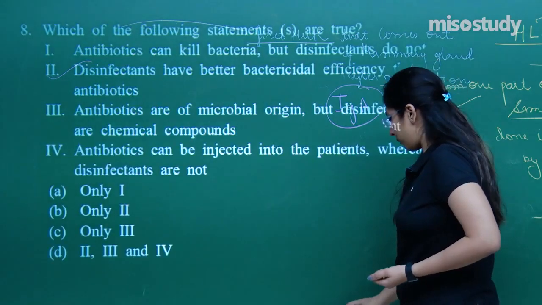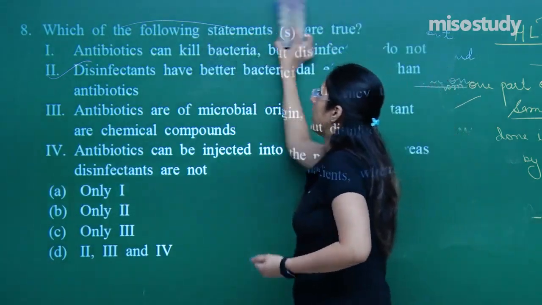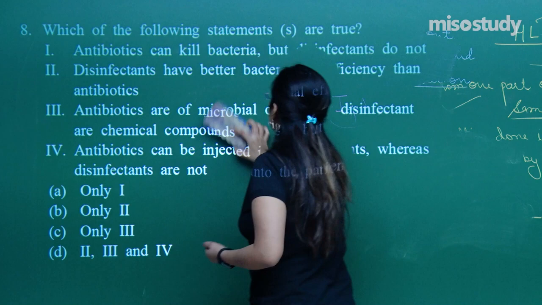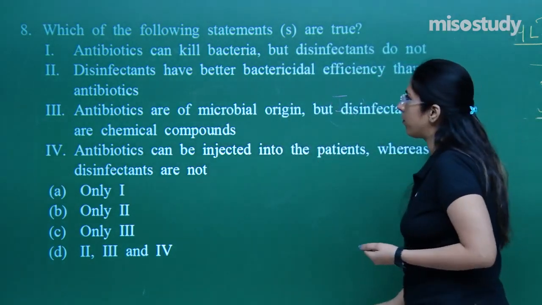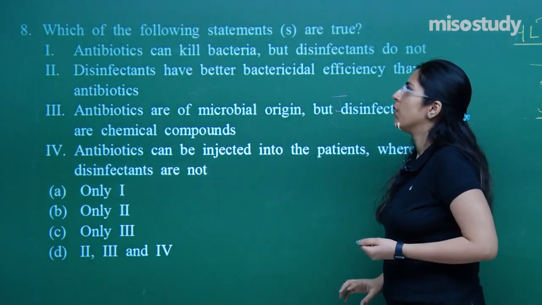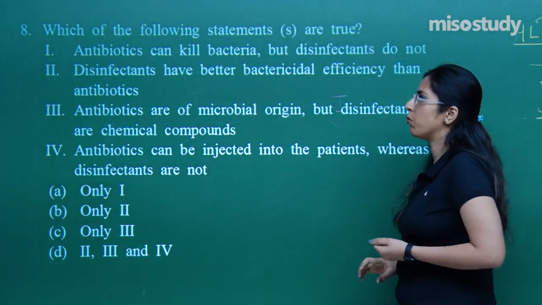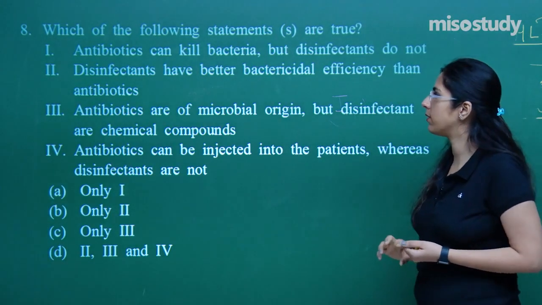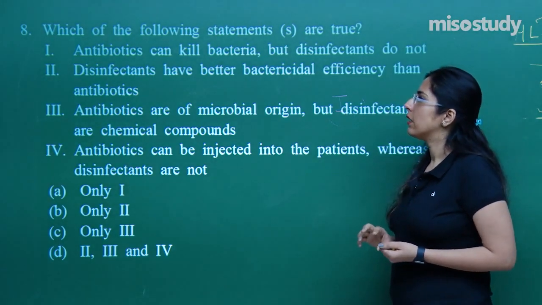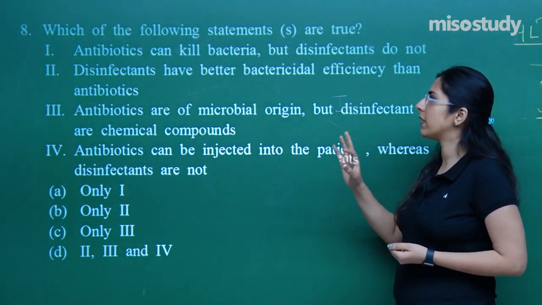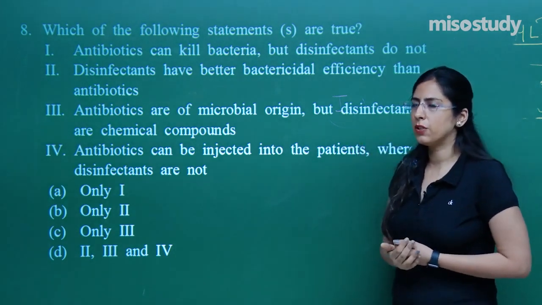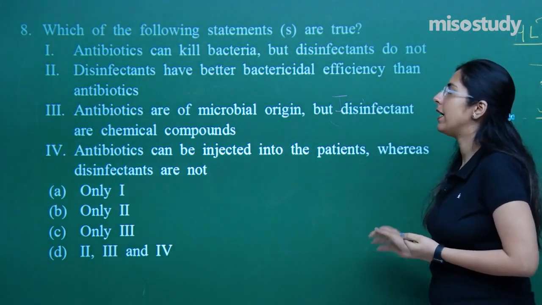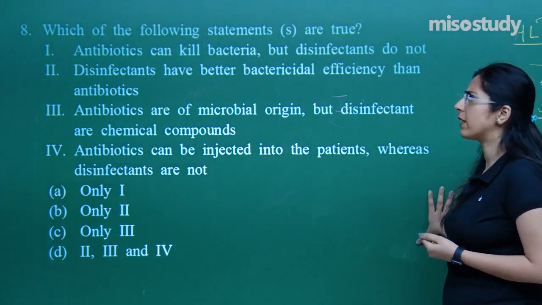Now, let's discuss the 8th question. This is also a question from a previous year NEET exam. Which one of the following statements is true? We know that there is a characteristic difference between antibiotics and disinfectants. Let's find those differences. Antibiotics can kill bacteria, but disinfectants do not.